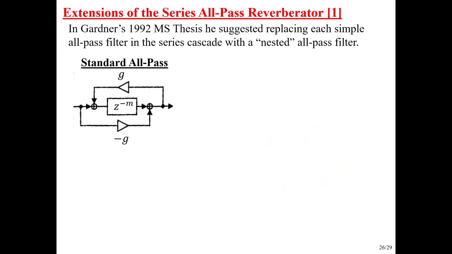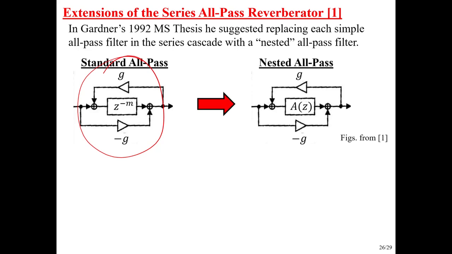So what is Gardner saying? Well, however many you want to have, take this simple all-pass structure and take this z to the minus m. Remember, that by itself is an all-pass filter, right? What is the frequency response of a pure delay? Magnitude 1. Phase or group delay, m samples, okay?